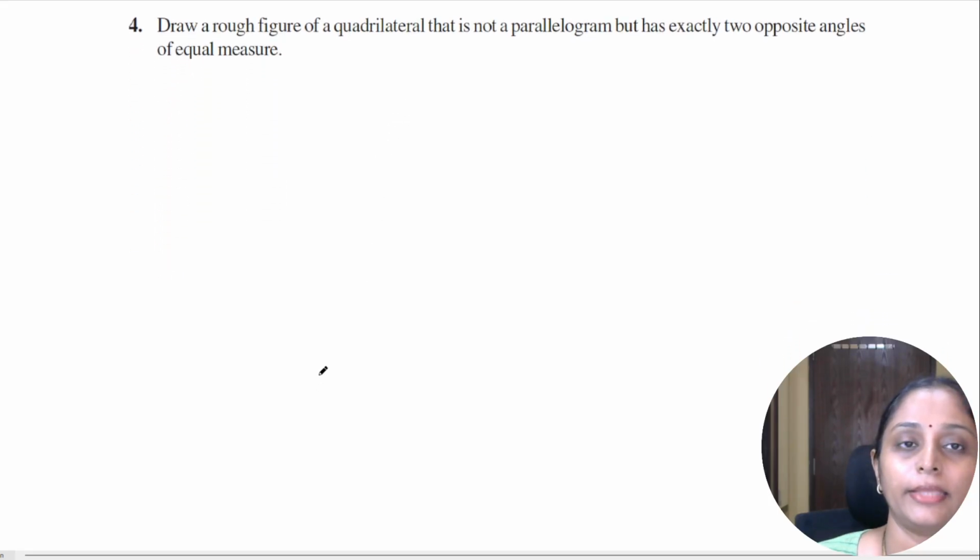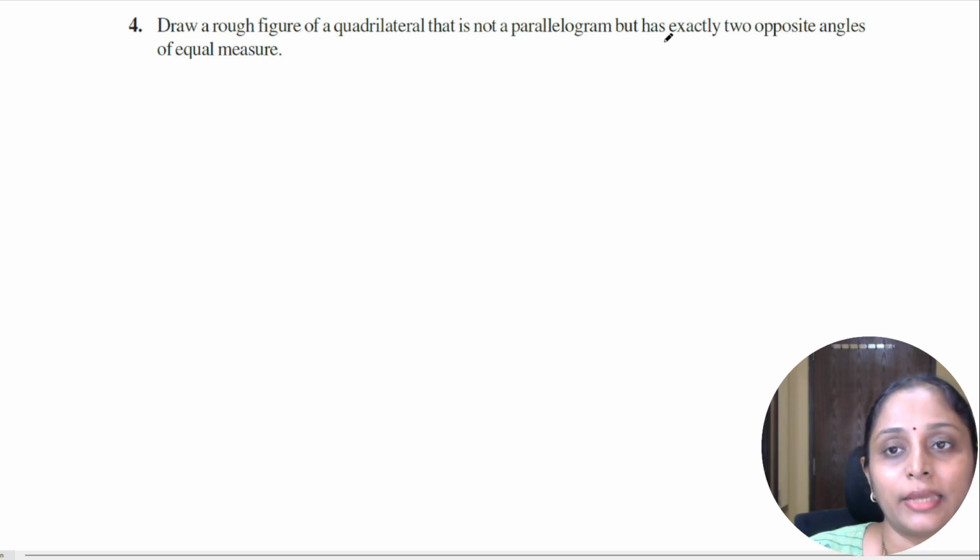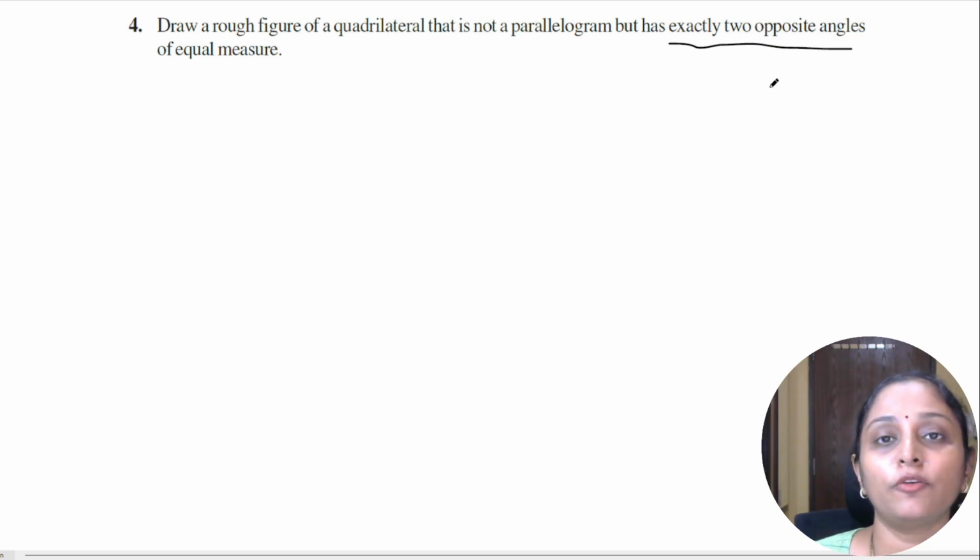Okay. Next, draw a rough figure of a quadrilateral that is not a parallelogram but has exactly two opposite angles of equal measure. So, did we come across a quadrilateral till now where exactly one pair of opposite angles is of equal measure?